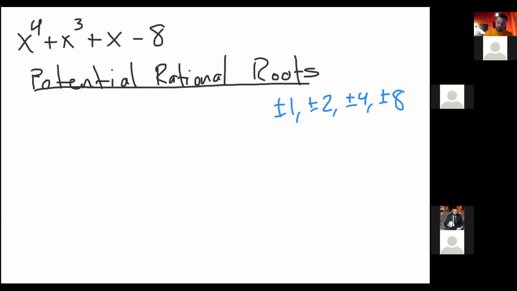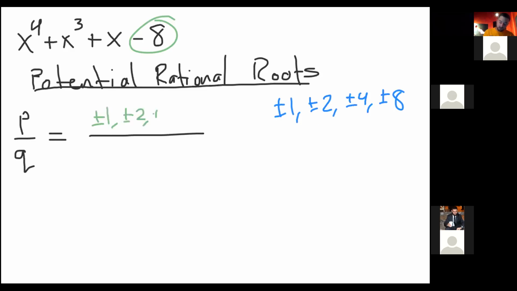Because when we find our list of potential rational roots, we have all combinations P over Q, where P is a factor of your constant. So a factor of -8, and factors of -8 are plus or minus 1, plus or minus 2, plus or minus 4, and plus or minus 8.